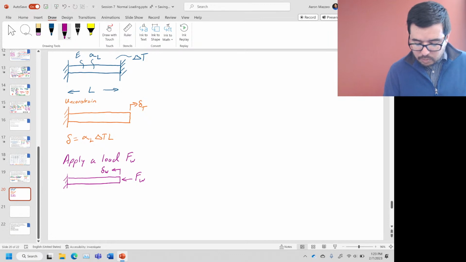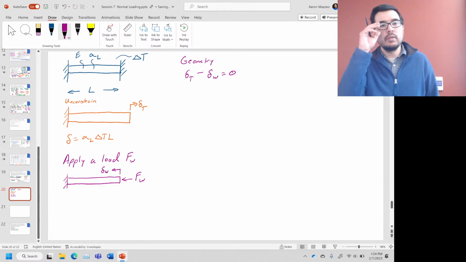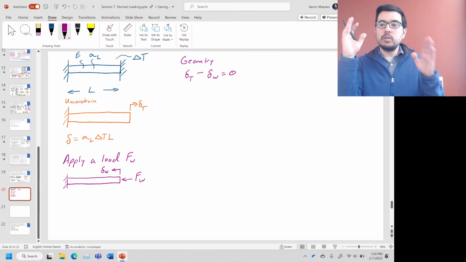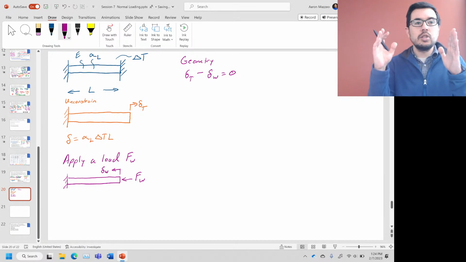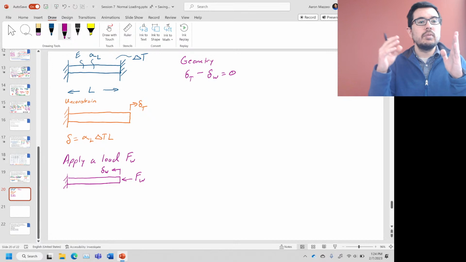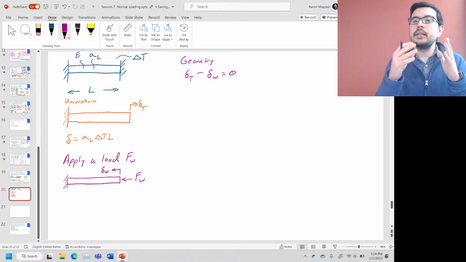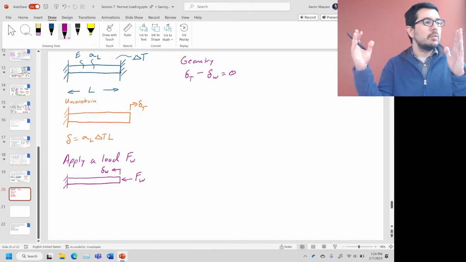If I look at geometry now, I have that delta T minus delta W has to be equal to 0, because those walls really aren't allowing any change in length. So I need to think about how much force I have to apply to counteract what's happening with the thermal expansion.